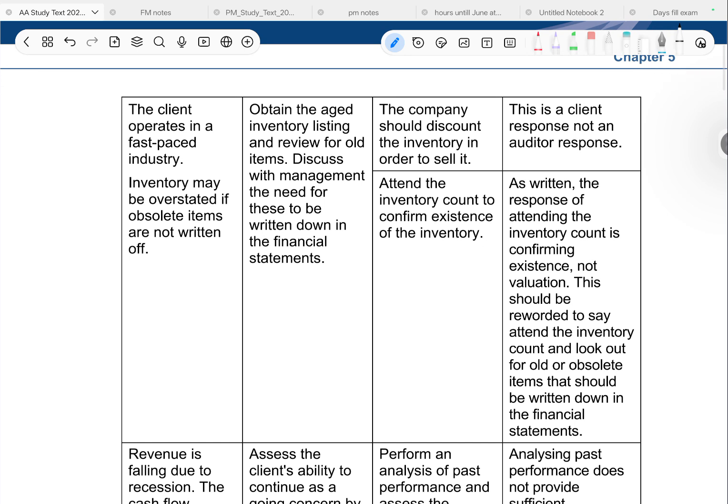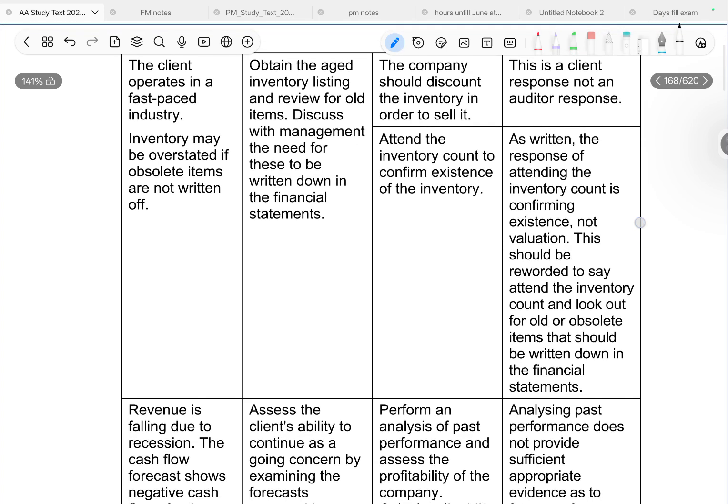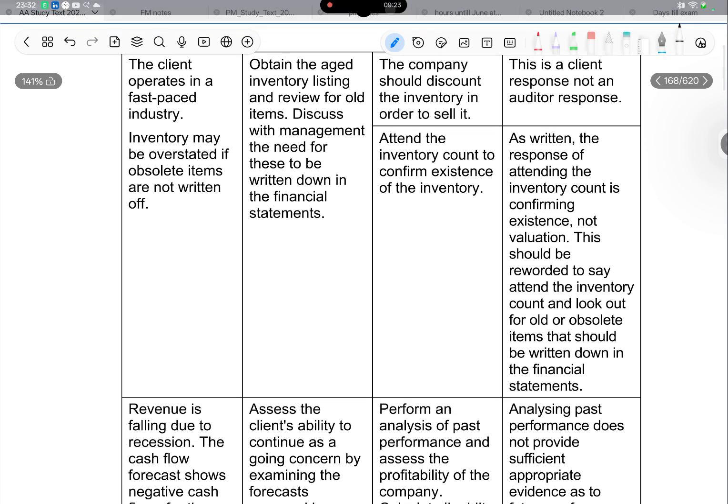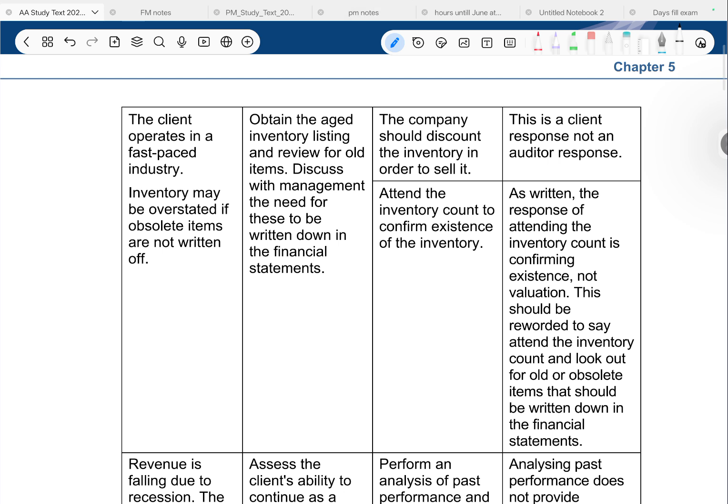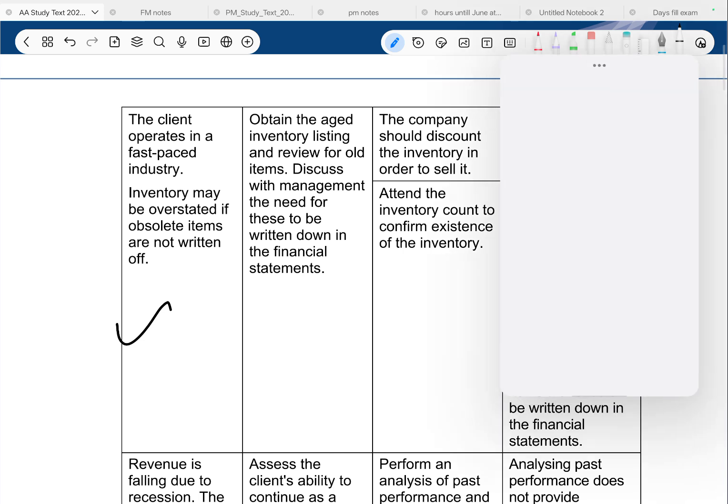A relevant audit response in this scenario would be to obtain the aged inventory listing, review old or slow moving items, and discuss with management whether a write down is required.